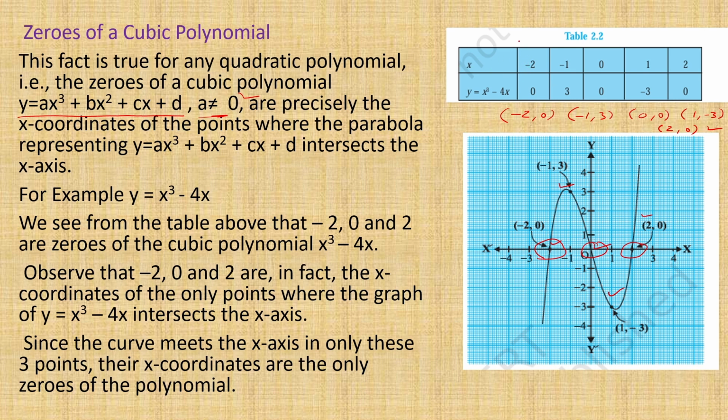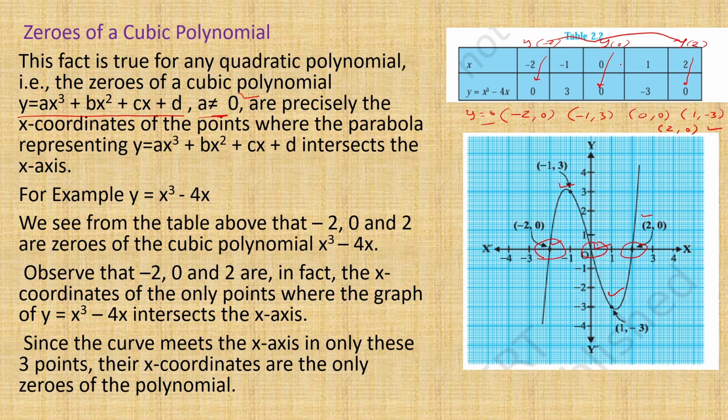x is equal to minus 2, then y of minus 2 is equal to 0, and x is equal to 0, then y of 0 is equal to 0, and x is equal to 2, y of 2 is equal to 0. For these three values, minus 2, 0 and 2, we got y equal to 0.